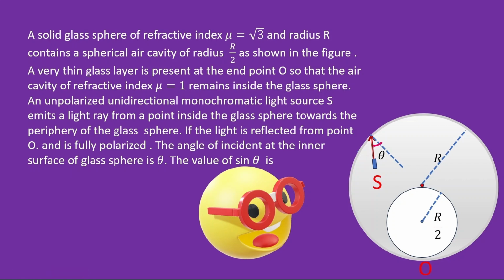A solid glass sphere of refractive index mu equal to root 3 and radius r contains a spherical air cavity of radius r by 2, as shown in the figure. A very thin glass layer is present at the end point O so that the air cavity of refractive index mu equal to 1 remains inside the glass sphere.